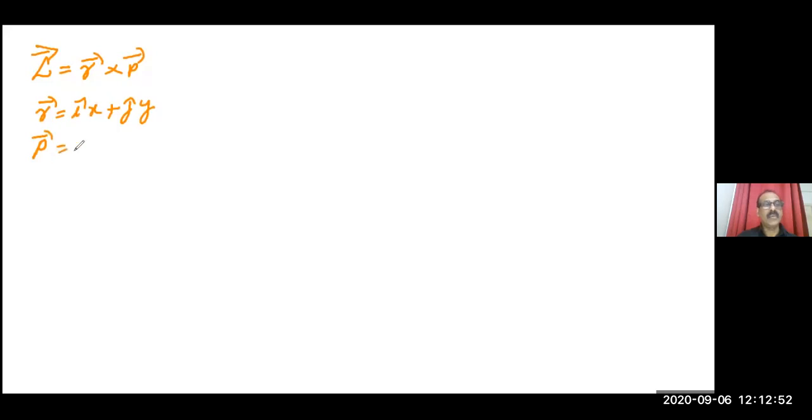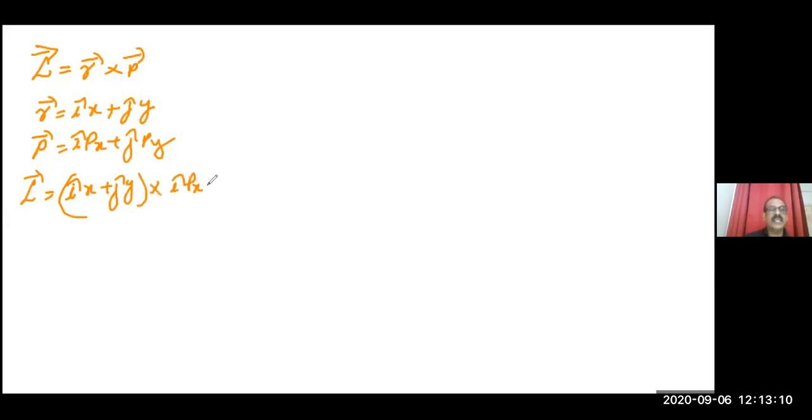P is equal to Ipx plus Jpy. And L is equal to R cross P. So we can say (Ix plus Jy) cross (Ipx plus Jpy).